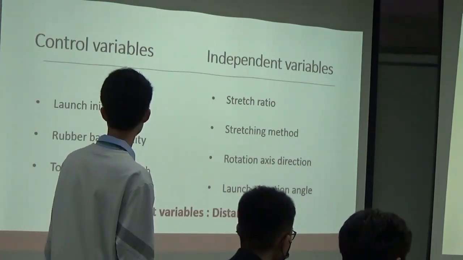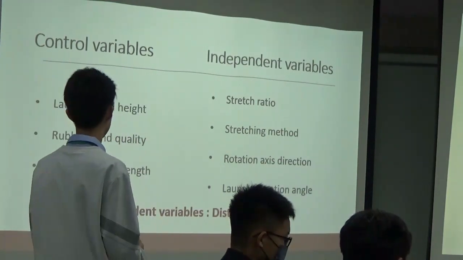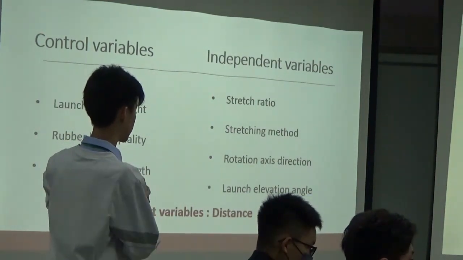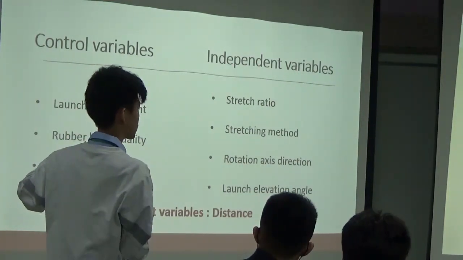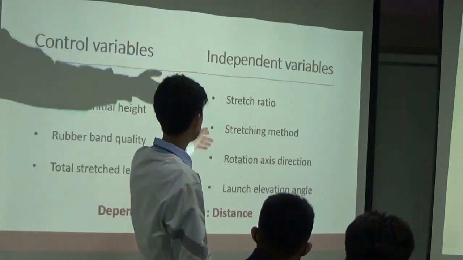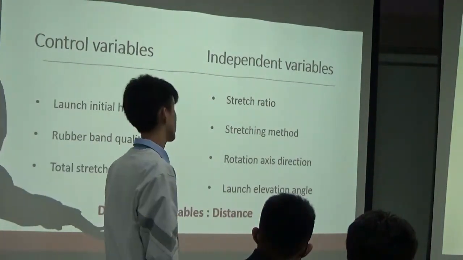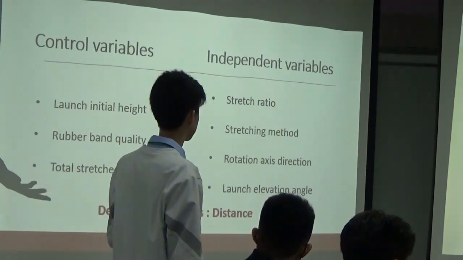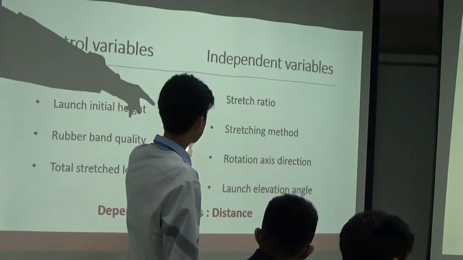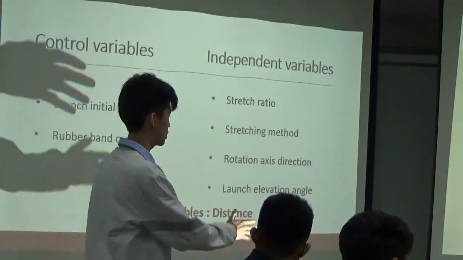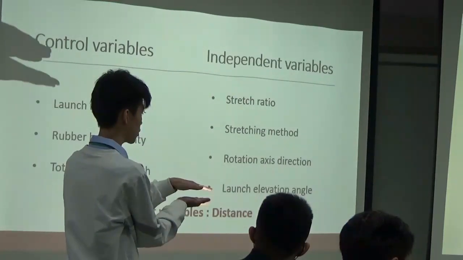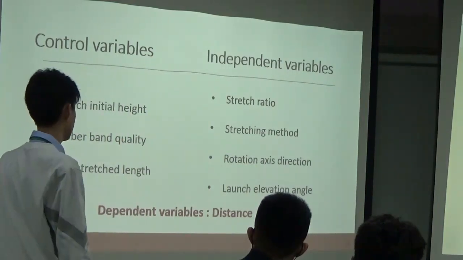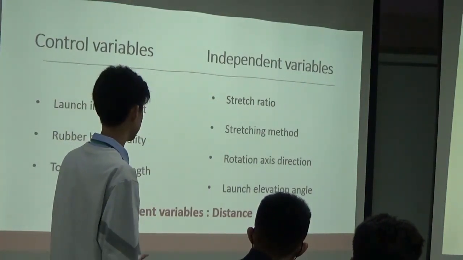My control variables are the launch initial height, rubber band quality, and total stretch length. This is the jet, the two sides. And the independent variables are the jet ratio, stretching method, rotation direction, and launch elevation angle. The stretching method is the vertical axis and horizontal axis.